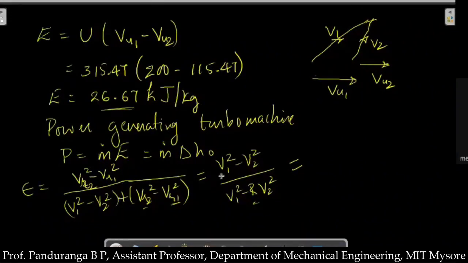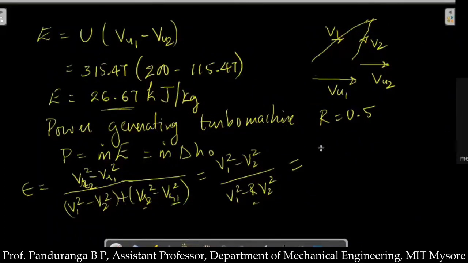Substitute V1, V2 and R will be equal to 0.5 because it's a 50% reaction turbine. So in terms of absolute values, it is 0.5. So substitute that and find out the degree of utilization factor here.